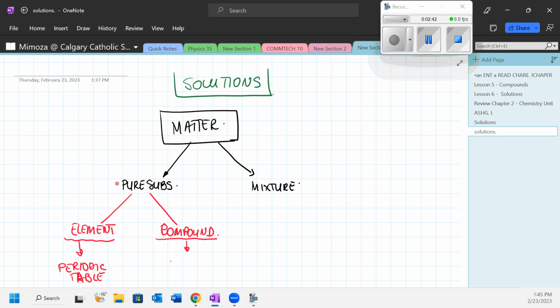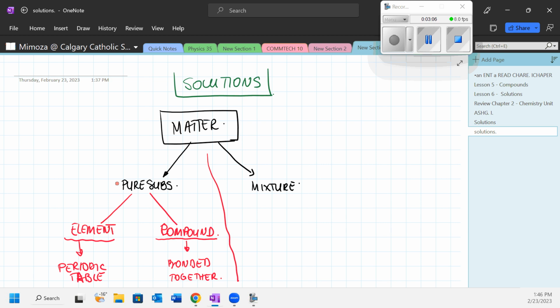So those are bonded together atoms from the elements of the periodic table.